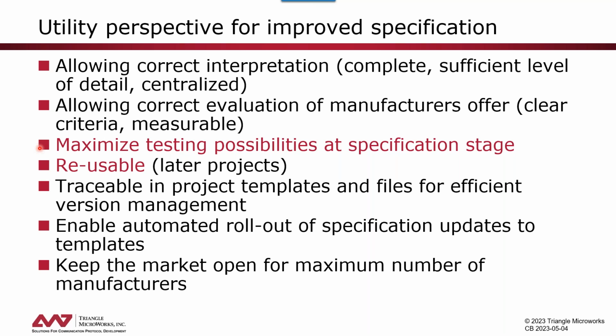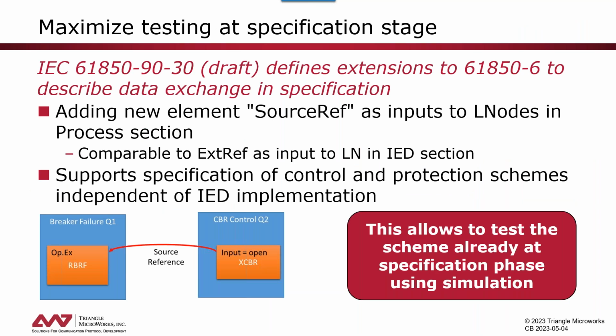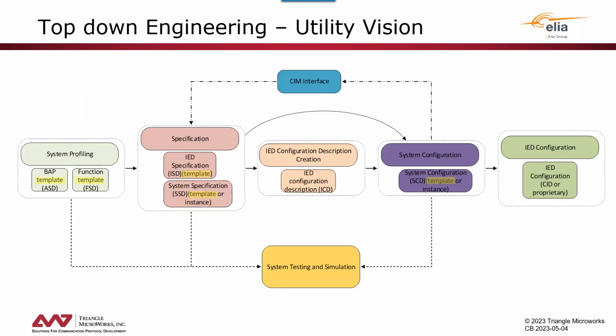So maximize testing possibilities at specification stage and reusability. Those are 2 aspects we are currently working on. And here we see a view of the top-down engineering process as it is a vision of a utility. We already discussed a little bit before. We start with specification, define the ICD files from the IED tools, do our system configuration, and then we configure the process.